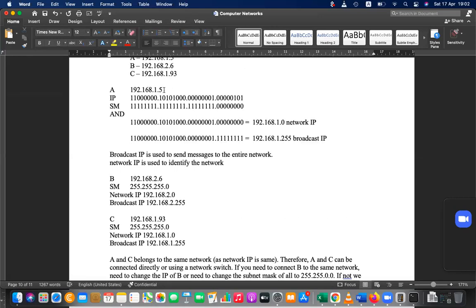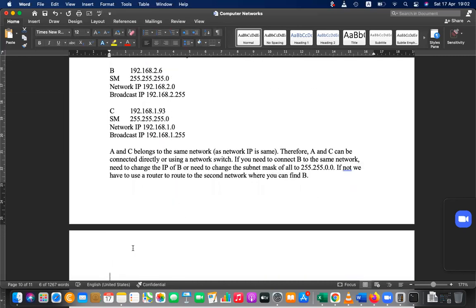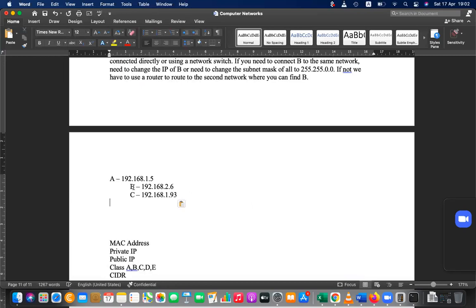You have A, B, C, all three, but with the subnet mask 255.255.0.0, when you AND A with the subnet mask, you'll get 192.168.